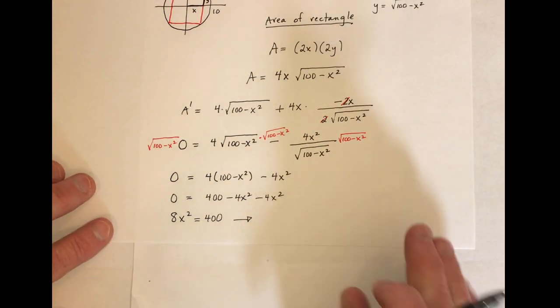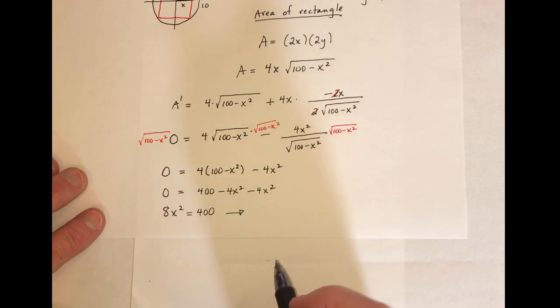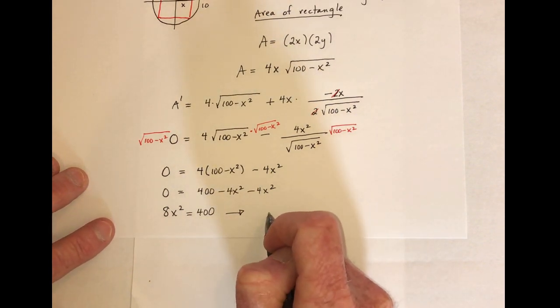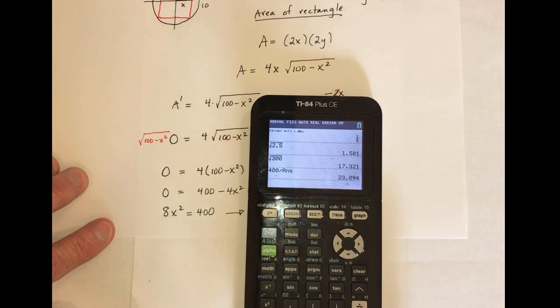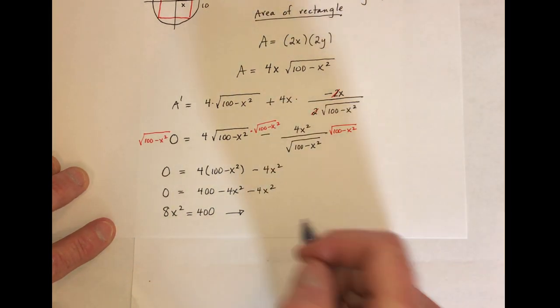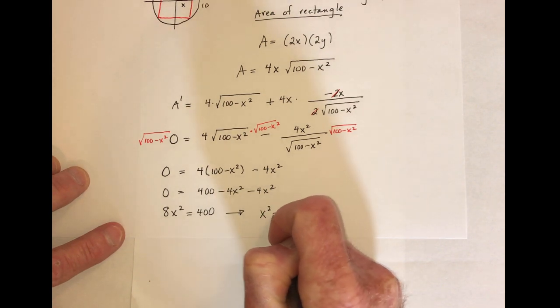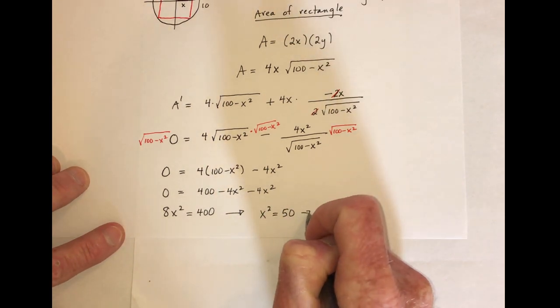And I'm going to try to finish it on this piece of paper because we're trying to save paper. So if you divide both sides, 400 divided by 8, that's 50. So x squared equals 50.